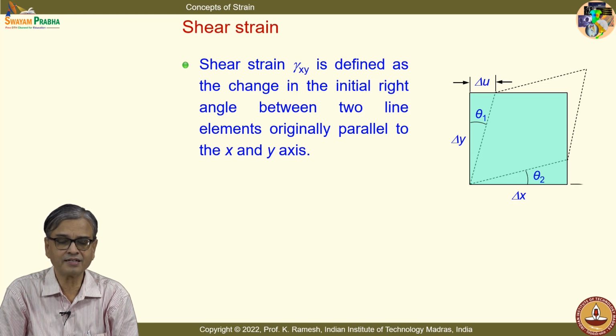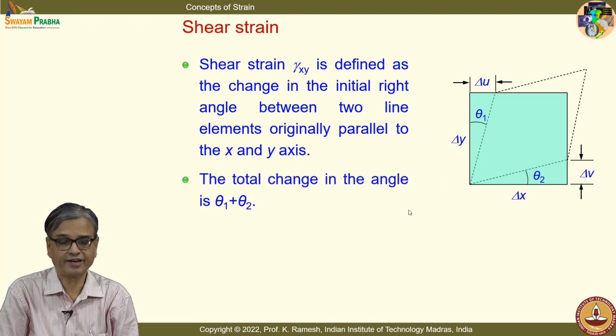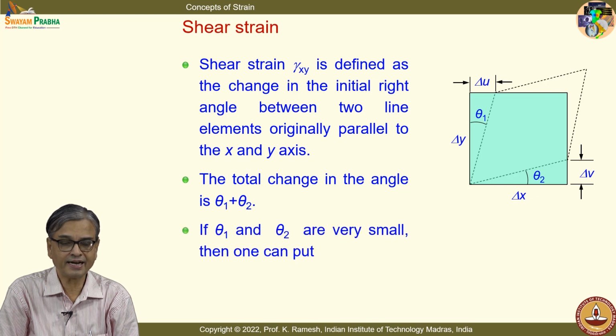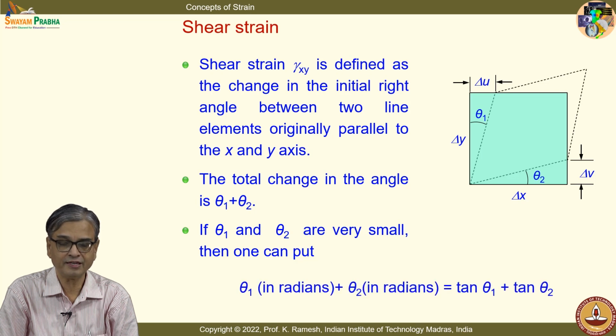And when I have this, the angles theta 1 plus theta 2 give me the shear strain. And when the angles are small, I can express them in terms of delta u and delta y, delta v and delta x, as the summation of tan theta 1 plus tan theta 2, and you know how to calculate tan theta 1.